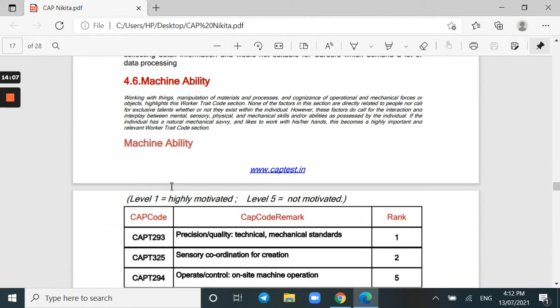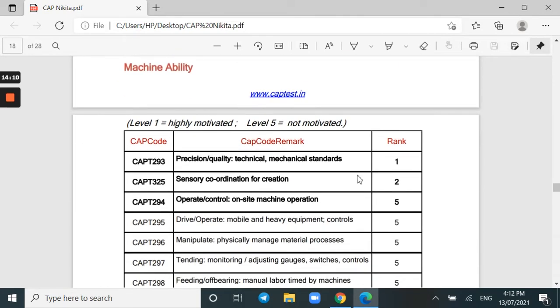In terms of machine ability, there are various traits. Again, the person has high precision, quality, and mechanical technical standards. So this means she's good at quality control and good at identifying errors. At the same time, there's a good sense of sensory coordination for creation. So there's a good amount of applying the senses for creating things.